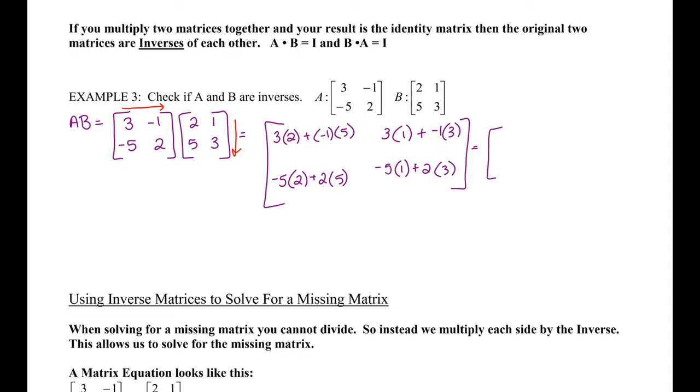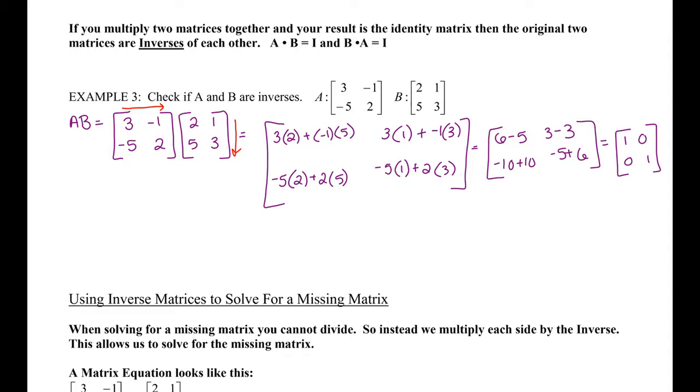Alright, so if I go through and try and simplify these, I get 6 minus 5, 3 minus 3, -10 plus 10, and -5 plus 6, which does simplify to the identity matrix 1, 0, 0, 1.